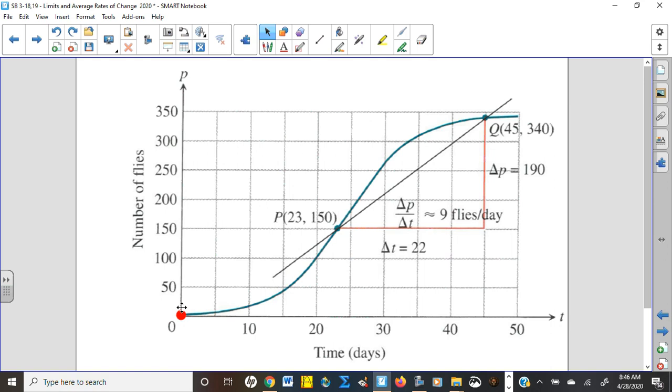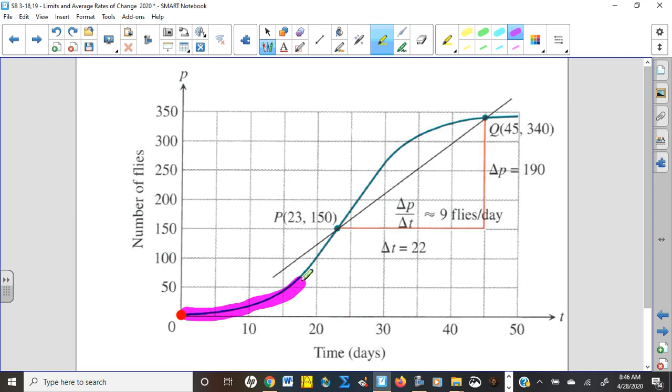Think about the nature of this curve. These are probably discussions you had in your science classes over the years, where we have a population that starts off really slowly when we just have a couple of pairs of these flies, but as they get used to their environment and start populating, co-creating, so to speak, right?